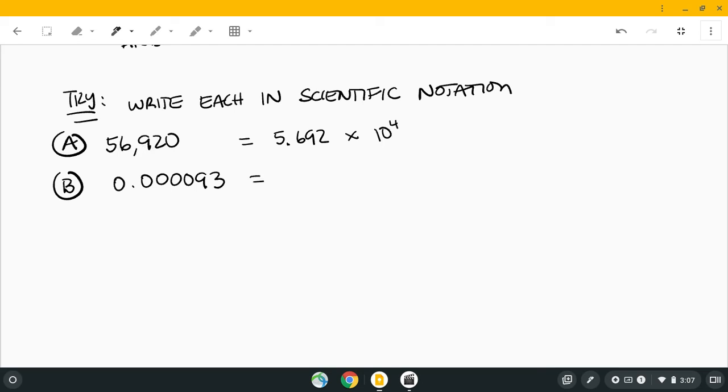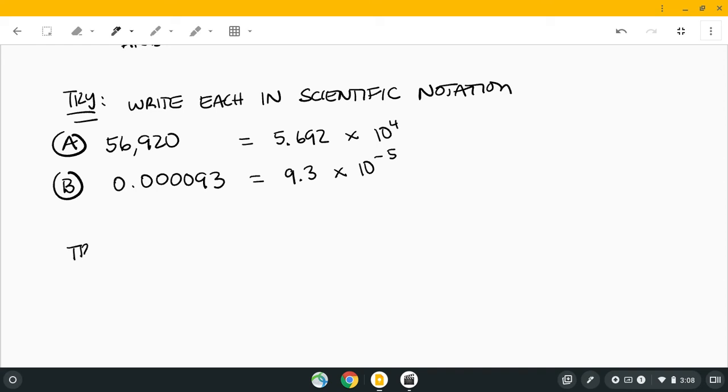And this one, I see the decimal needs to be between the 9 and the 3, so that's 9.3. And this here is a number that's less than 1, so my exponent is going to be negative. And it moved 1, 2, 3, 4, 5 times.